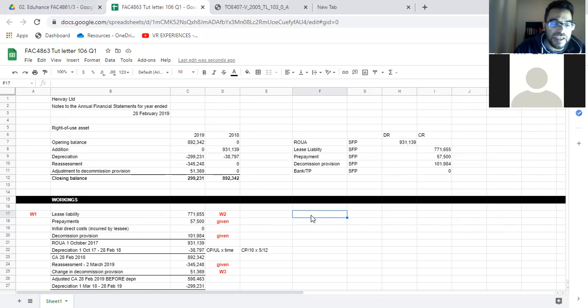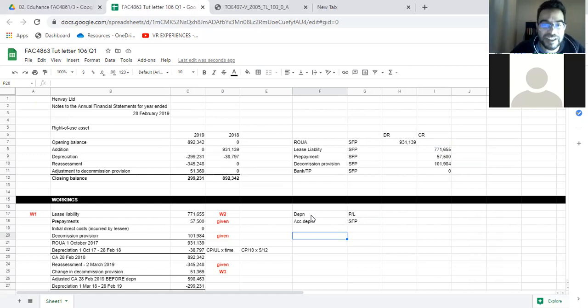you will have depreciation, accumulated depreciation. This is for the right of use asset, P&L, SFP. For the lease liability, when you make the payment, now remember in this scenario, we also have a decommissioning below. So in this scenario, we also have the decommissioning below, which is debit interest expense, credit decommission liability, decommission provision.